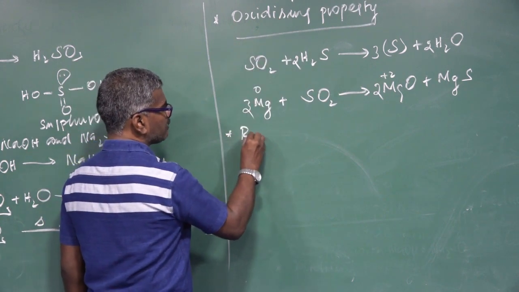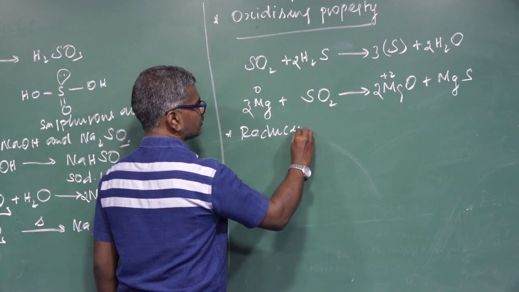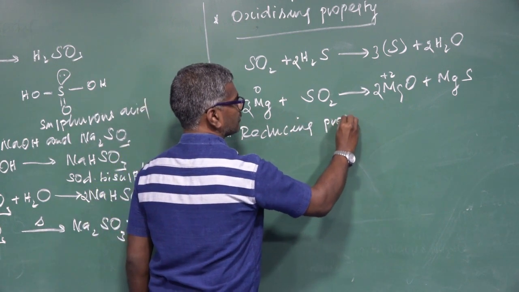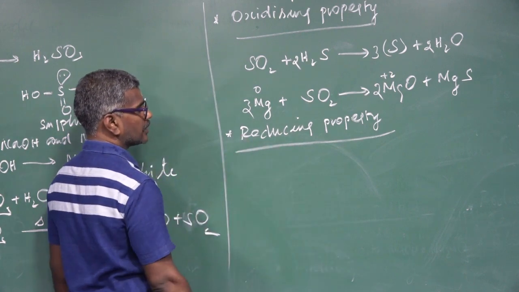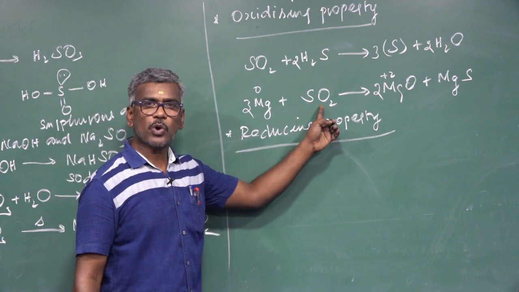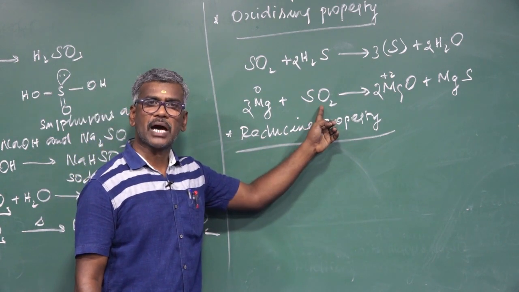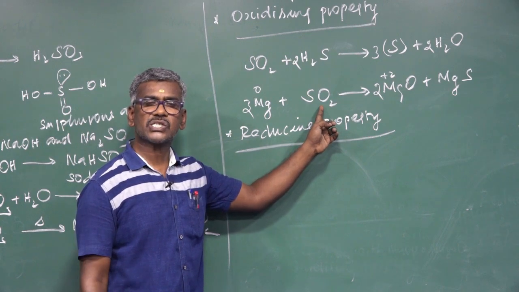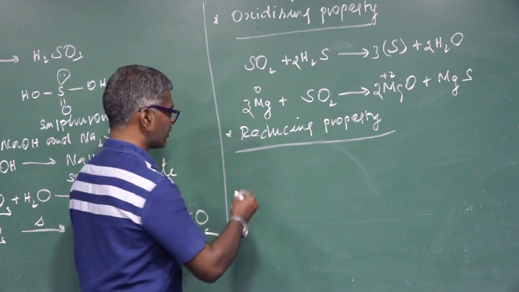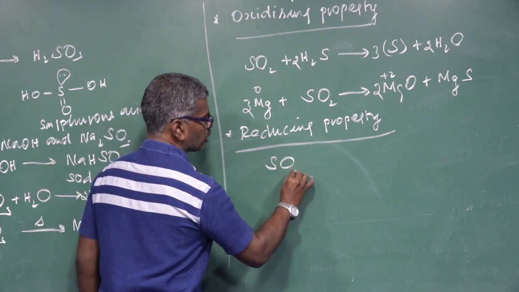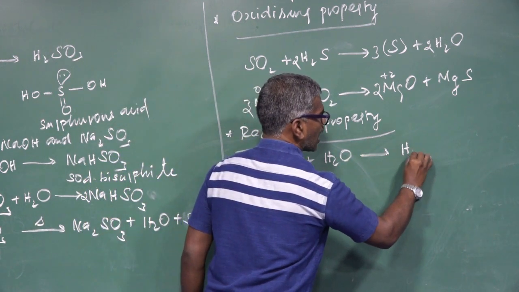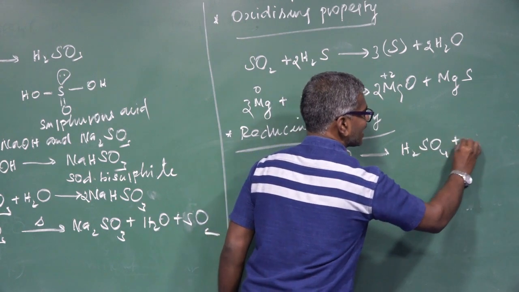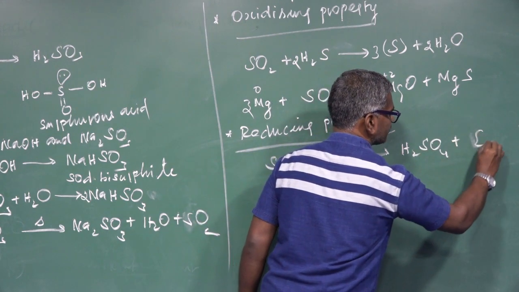Another one is the reducing property. Here SO2 acts as a reducing agent when reacting with moisture. For example, SO2 reacts with moisture to form H2SO4 plus nascent hydrogen.